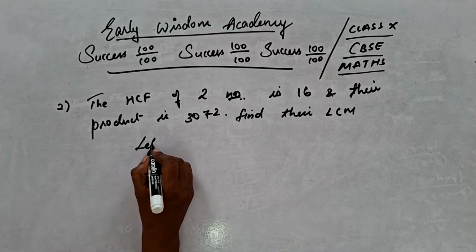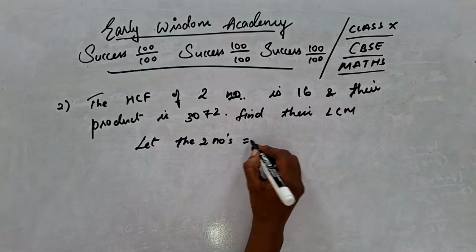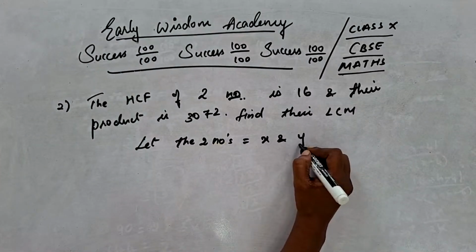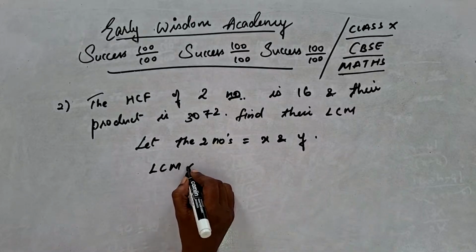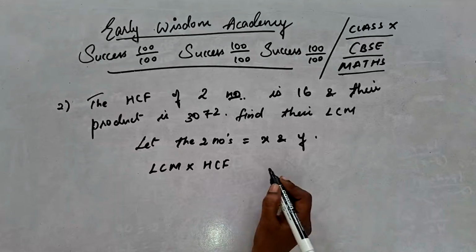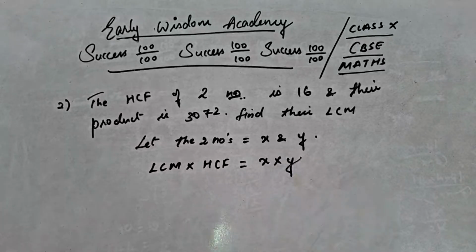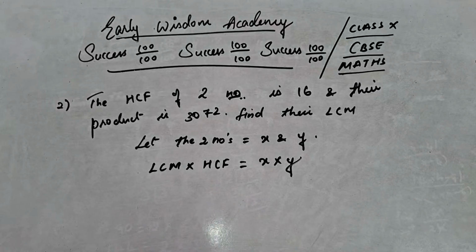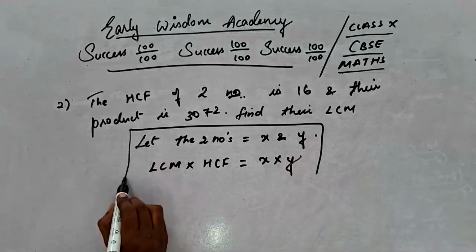Let the two numbers be x and y, for example. Therefore, the formula is: the multiplication of their LCM and HCF is equal to the product of the numbers. The LCM into HCF is equal to x into y. This is the important formula which we use in the first chapter.